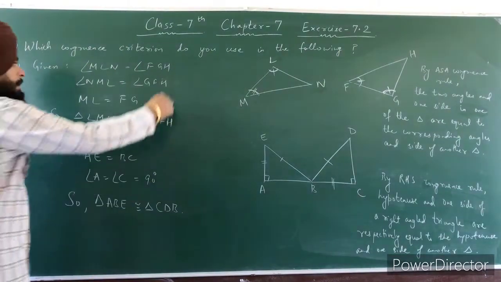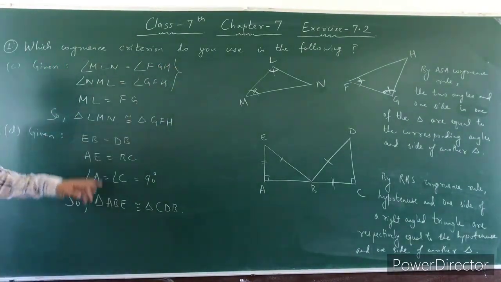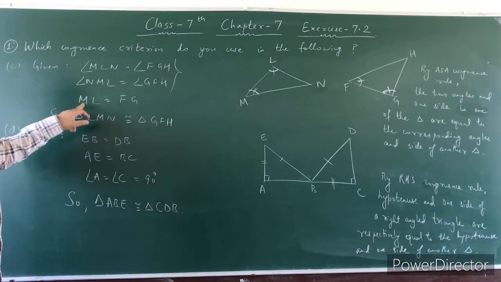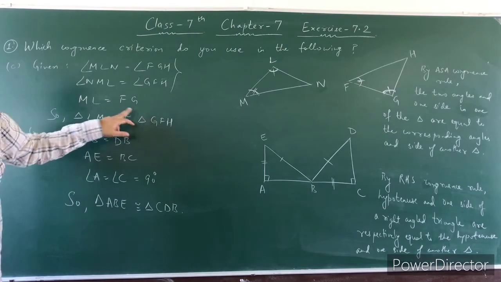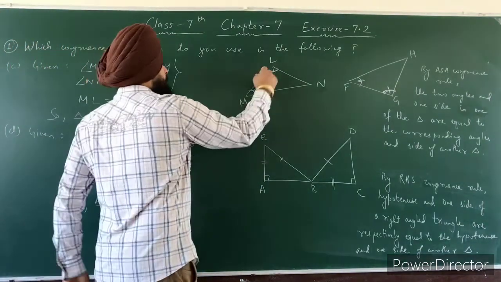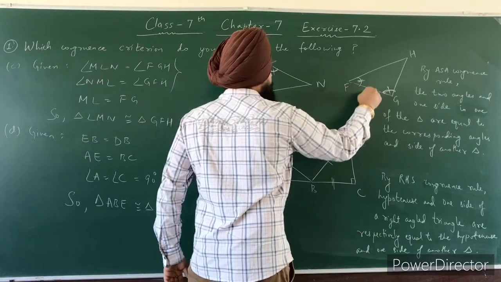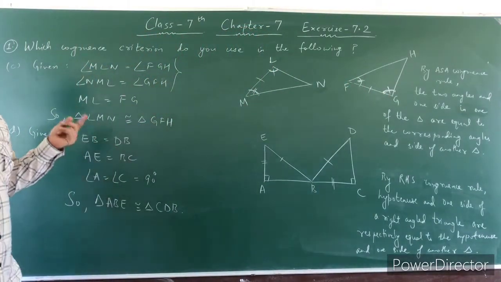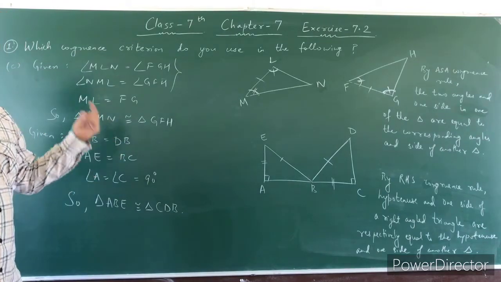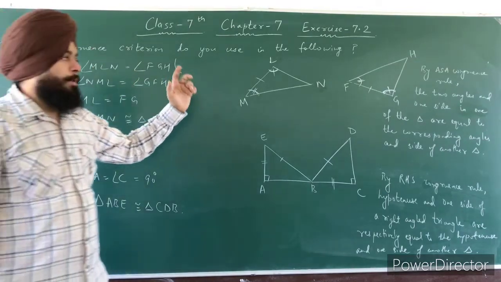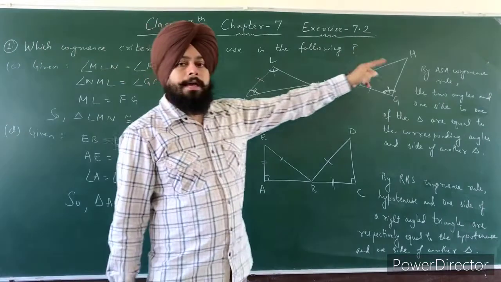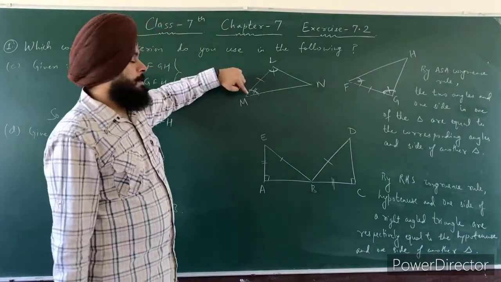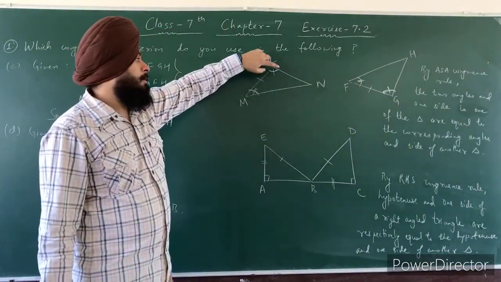It means there are two angles given equal. Third one is ML is equal to FG. ML. This is side. ML is equal to FG. Alright. So there are two angles and one side given equal in both of these two triangles. So by which rule? By ASA. Because the first one is angle, second one is side, third one is again angle.